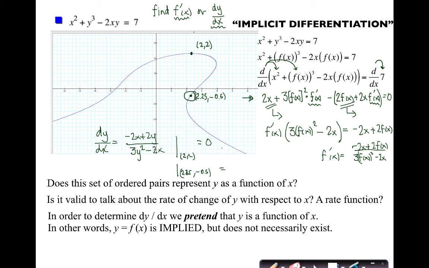I'd have a numerator expression. Let's see, negative 4.5 plus negative 1, so negative 5.5 as my numerator, and in the denominator 3y squared, 3 times 0.25 sounds like 0.75 minus 2x.